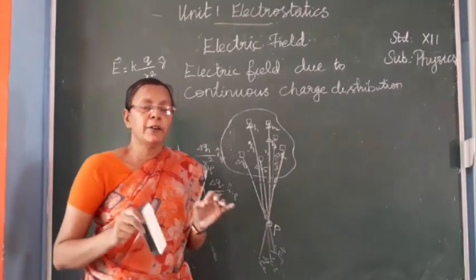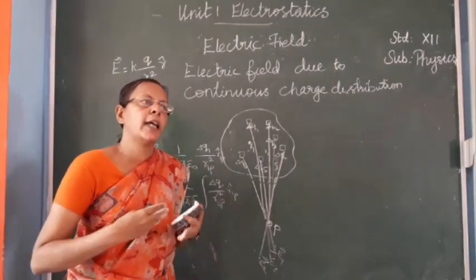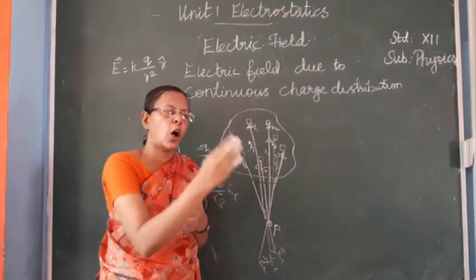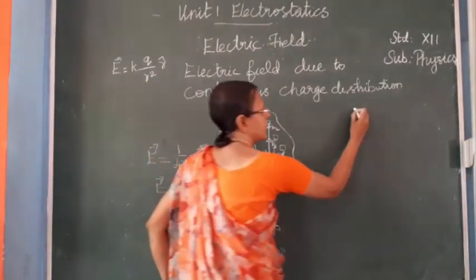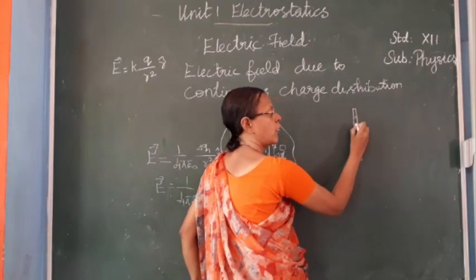If the charge is distributed in a line, or in a rod, or on a surface, positive or negative, there is no problem.